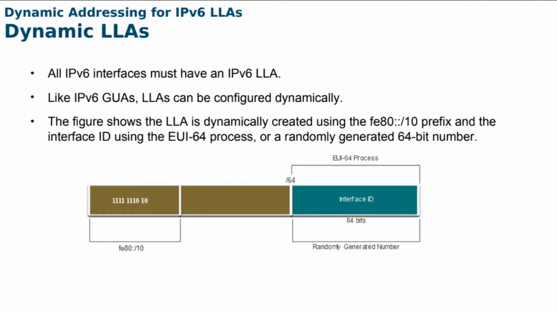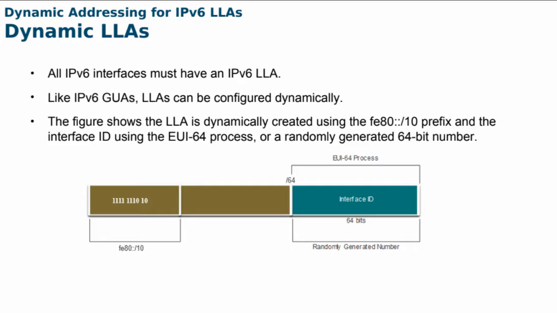Dynamic link local addresses. All IP version 6 interfaces must have an LLA. An LLA can be configured dynamically as well. Here, it is dynamically created using the FE80::/10 prefix and the interface ID using the EUI-64 process or a randomly generated 64-bit number.